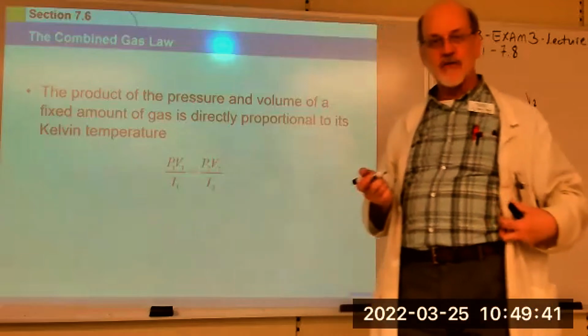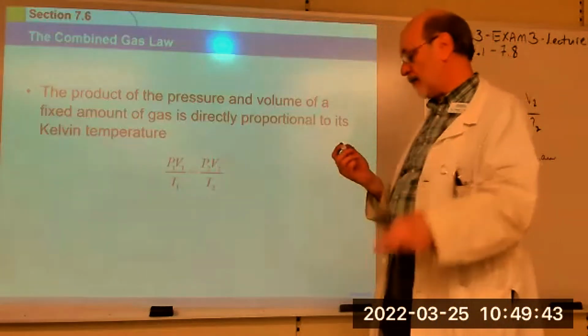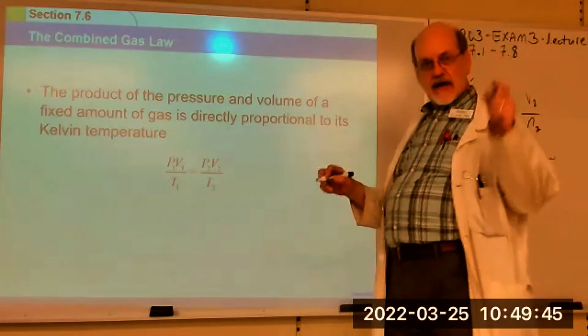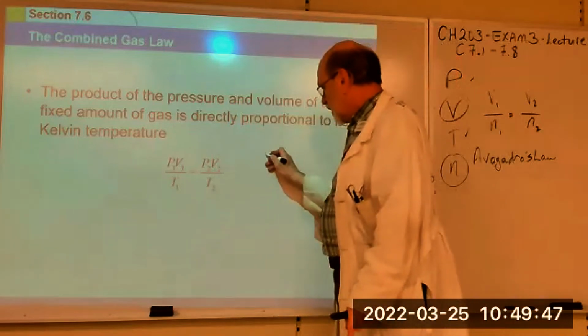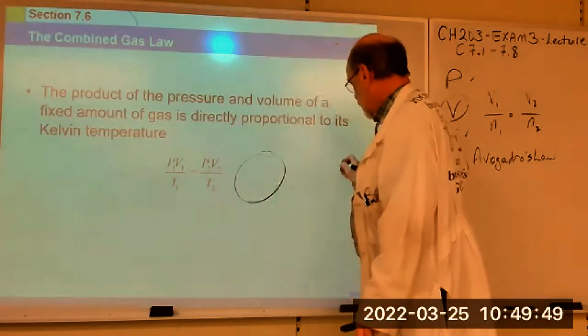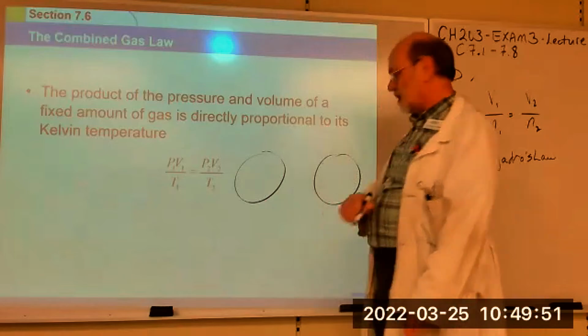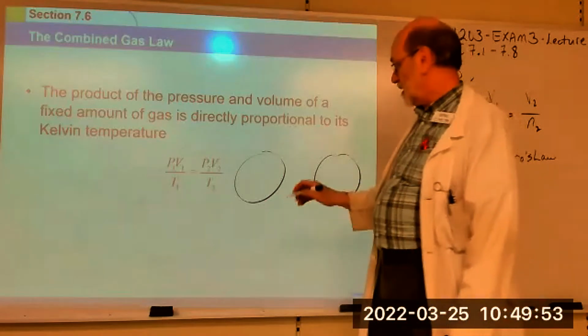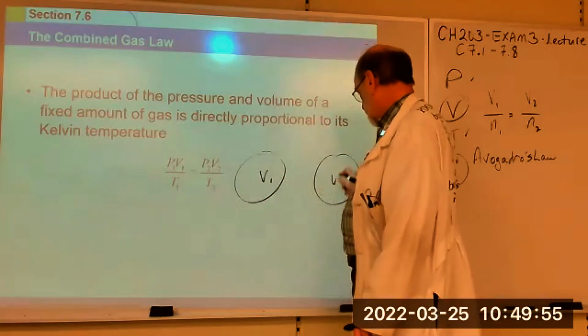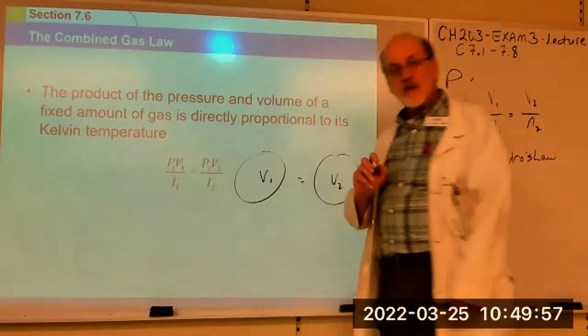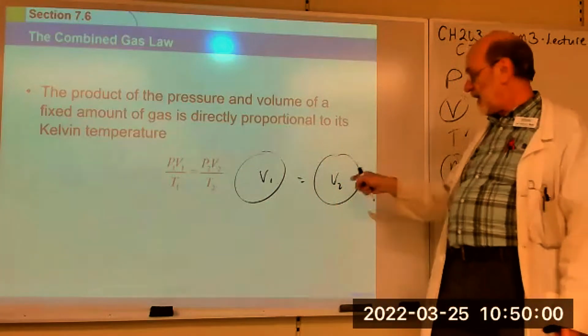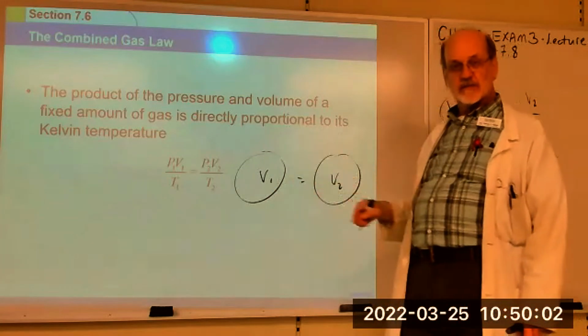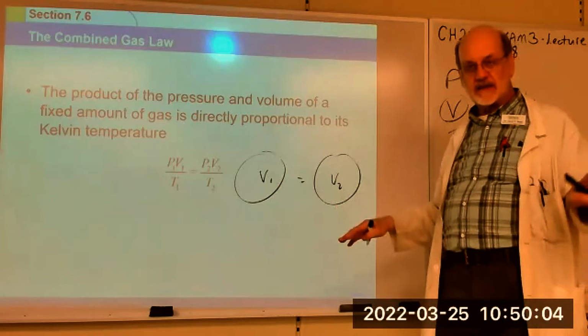Okay, how does it solve the problem? Here's how it solves the problem. Avogadro says, if you have two volumes of gas and the volume of this one equals the volume of that, and it doesn't matter what gas is in each, it's totally irrelevant.